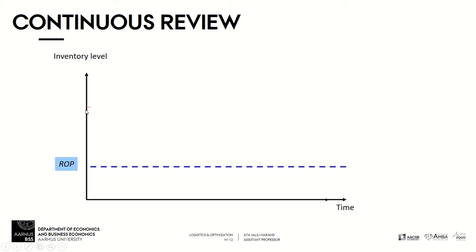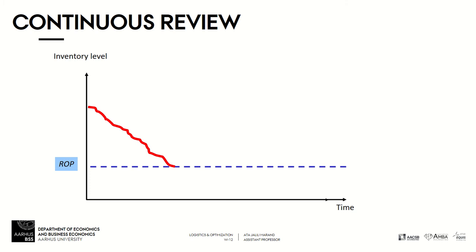As time goes by, some demands materialize, some customers arrive to the system, so we need to use the inventory that we have to satisfy these customers. Therefore, our inventory decreases as time goes by. It decreases and decreases until it reaches a level that we call the reorder point, or ROP. At this point, we need to make another order to replenish our inventory.